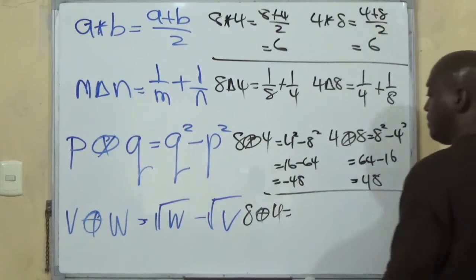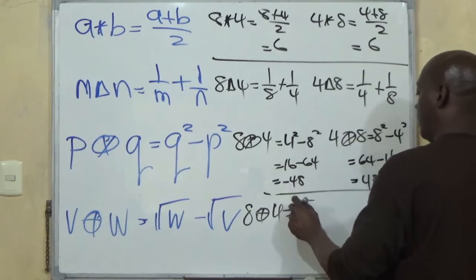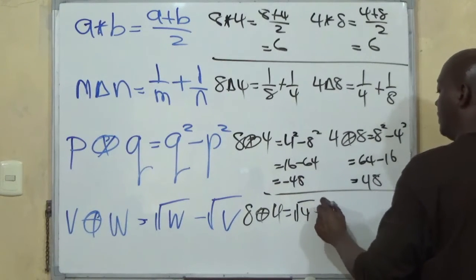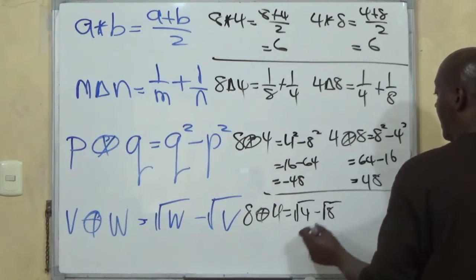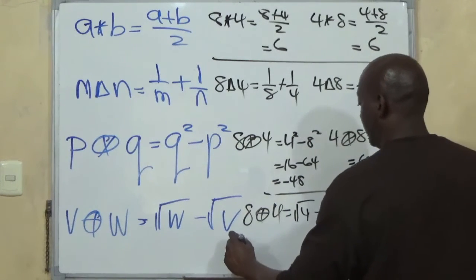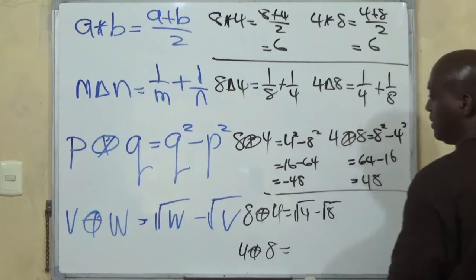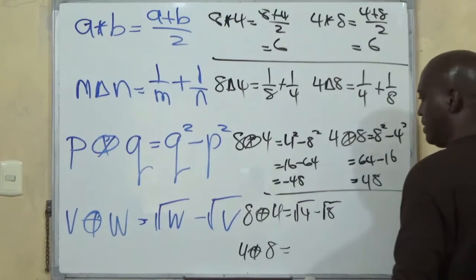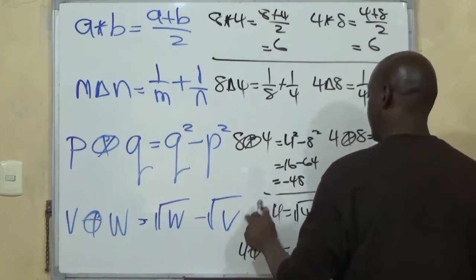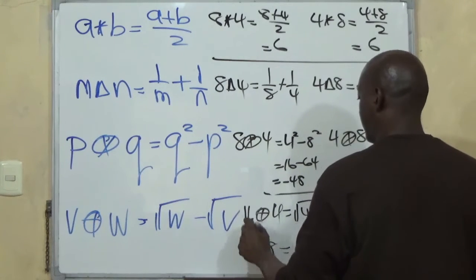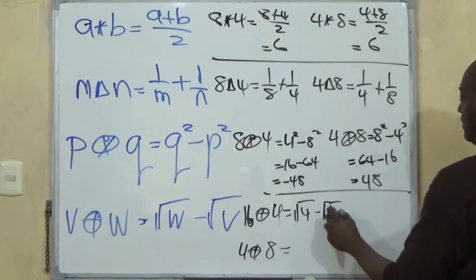All right, same story here. In this case, it will be the square root of 4 minus the square root of 8. Let me leave that alone for now. Let me use a perfect square. Alright, let me make life more interesting than that. Let me say 16 circle 4, this will be the square root of 4 minus the square root of 16.